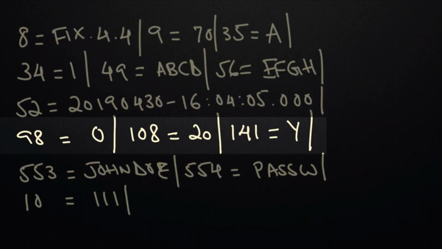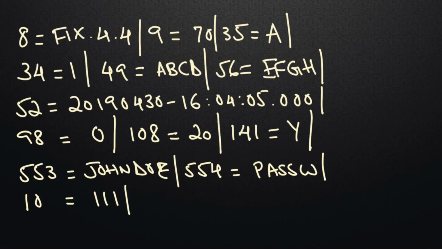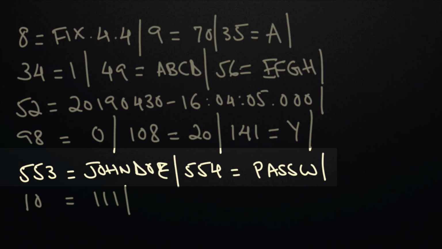The encrypt method 98 is 0, meaning no encryption used. Heartbeat interval 108 set at 20 seconds, for example. Reset sequence number flag 141 set to Y, and username tag 553 set to an example username. Tag 554 is the password tag, with another example value.